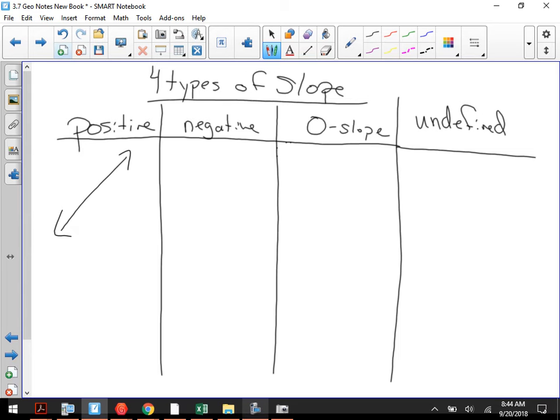So we say up and right, or down and left, means the same thing. Negative would be down and right or up and left. Those are the same thing.